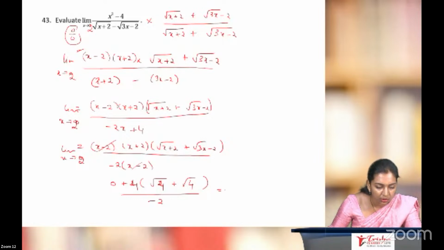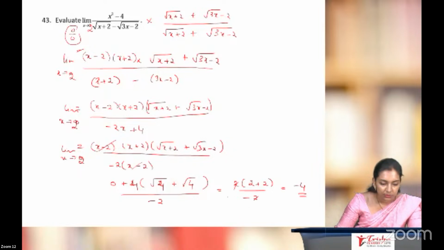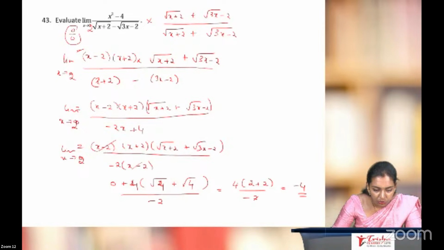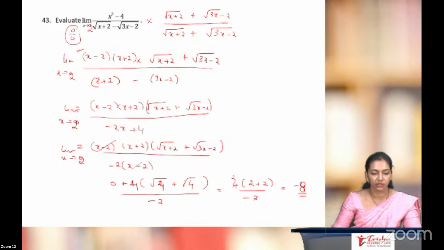So now it is 2 into root 4 is 2, plus 2, divided by minus 2. Sorry, this is 4, right? This is 4. So 2 ones are minus 2. So it is 8. Minus 8 is the right answer. Okay.